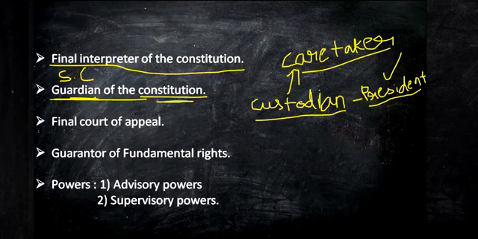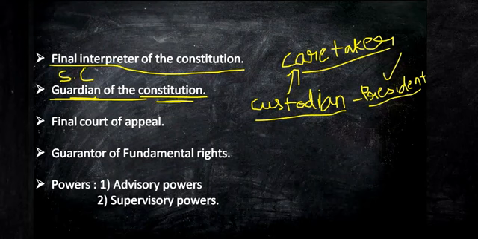Clear? Now coming to the point that the Supreme Court has the function of guarding the Constitution. Understood? In what way is the Supreme Court guarding the Constitution? Let us say the government, any state government or any other public authority is violating the provisions in our Constitution through a law made by the Parliament or through an action taken by that public authority.